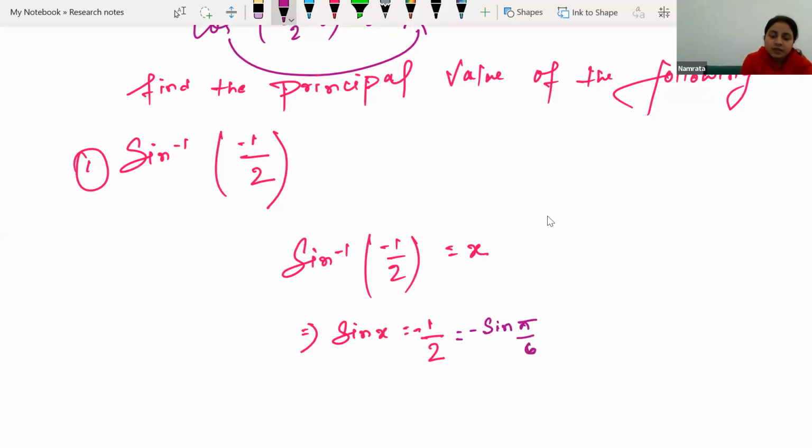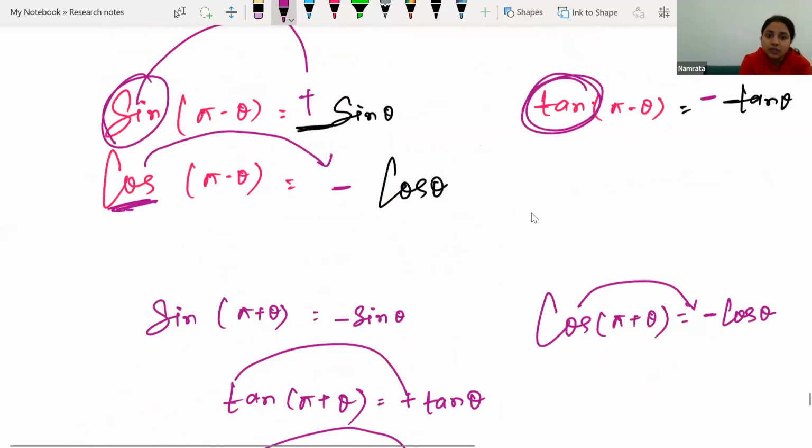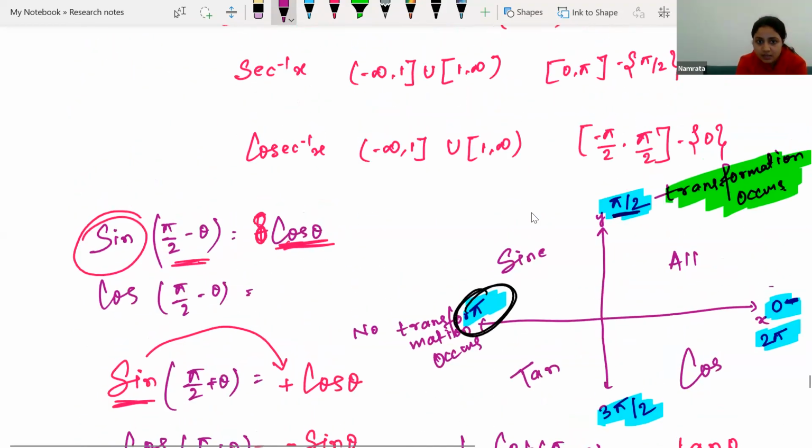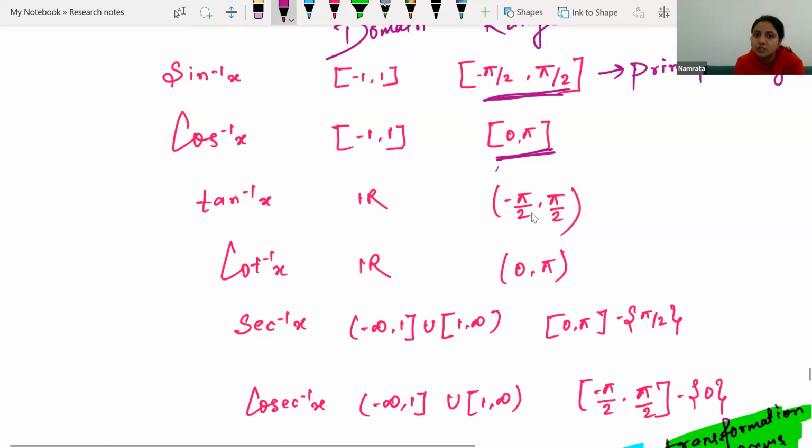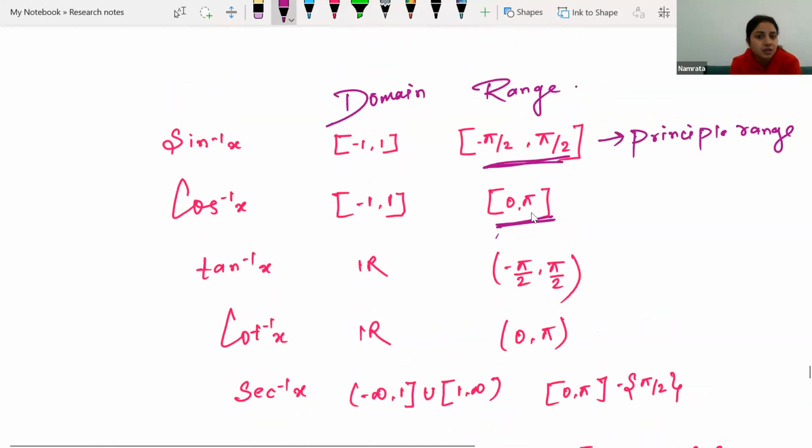Now, for inverse trigonometric functions, we have to find the principal value. When I started the class, I discussed the domain and range of inverse trigonometric functions. You can see the range is minus pi by 2 to pi by 2.